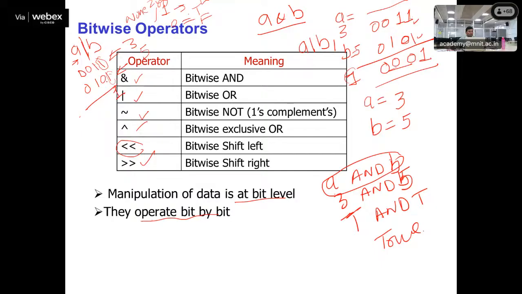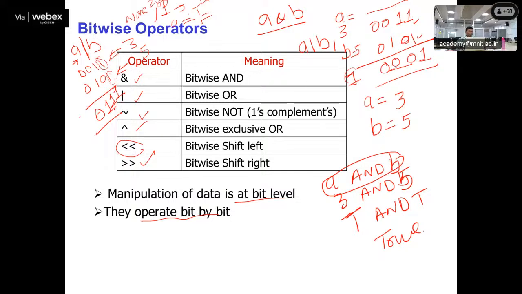If the first is 1 and the second is 0, we get 1. 0 and 1 gives 1, and 0 and 0 gives 0. In the case of the OR operator, if both values are the same or either of the values is 1, we get a 1 or true. If both are 0, we always get a 0 or false.